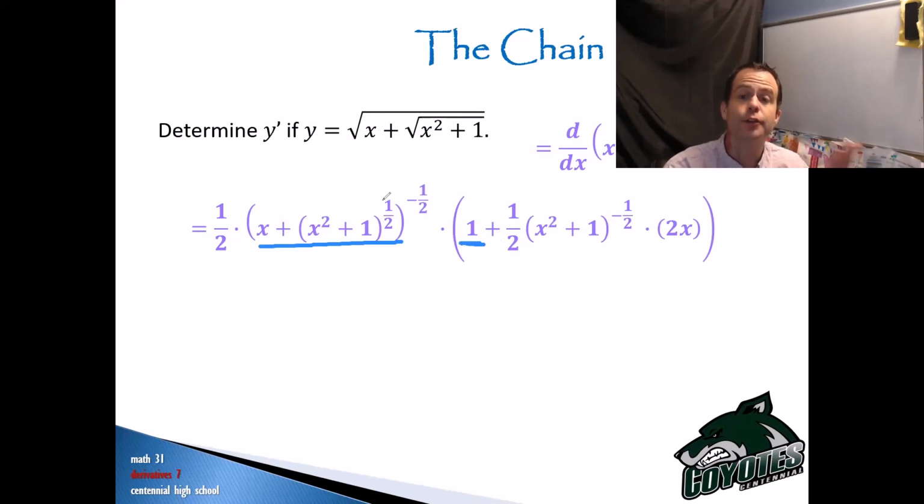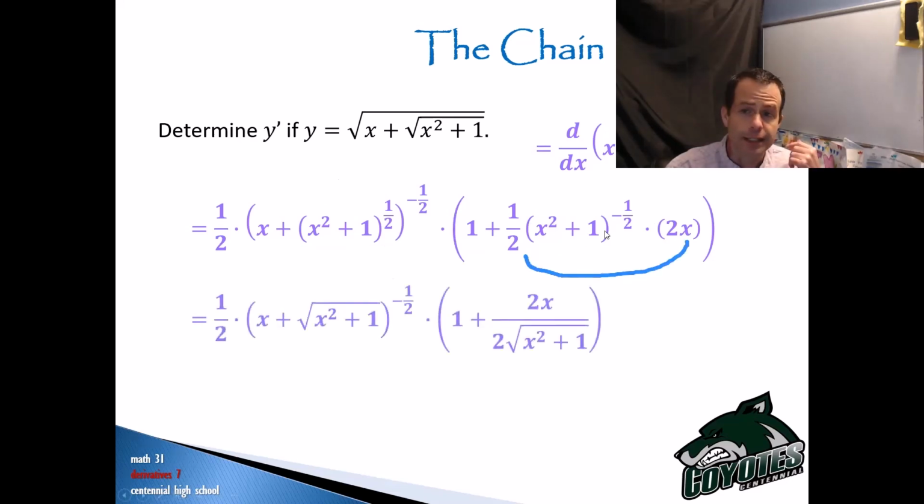Now I have another chain rule. So that 1/2 comes to the front. So I have 1/2 x plus 1 to the negative 1/2 times the derivative of that inside function, which is 2x. Okay, now I have to work on cleaning this up.